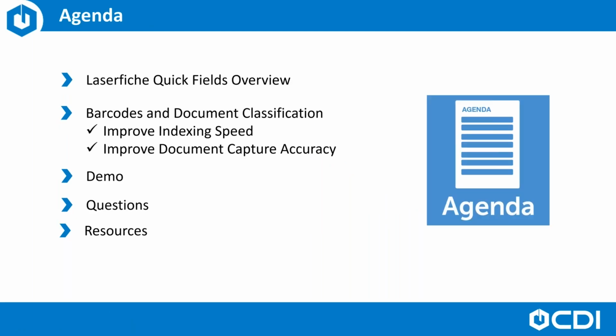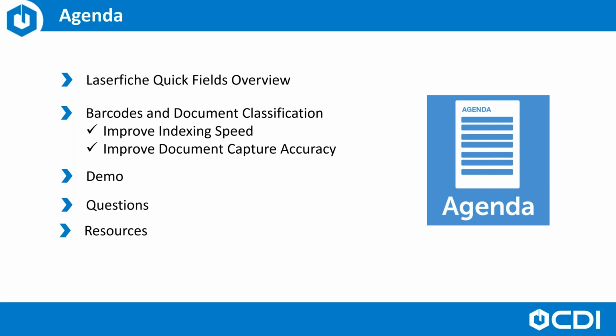All right, perfect. So today's agenda, we're going to start with a quick PowerPoint. Today we're talking about Laserfiche Quick Fields, using that for processing documents via batches. So we'll get into a Quick Fields overview. And in the demo today, we're going to focus on using Laserfiche Quick Fields using barcodes and then document classification.